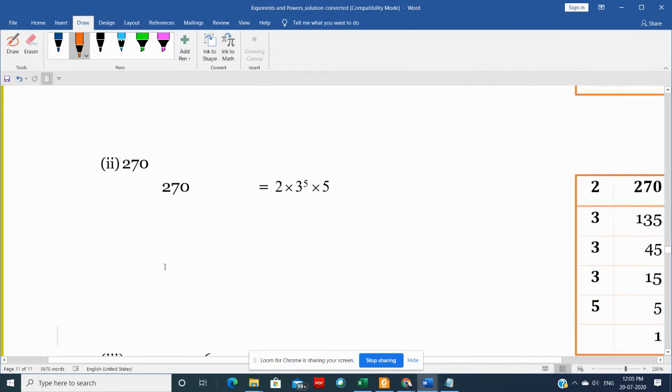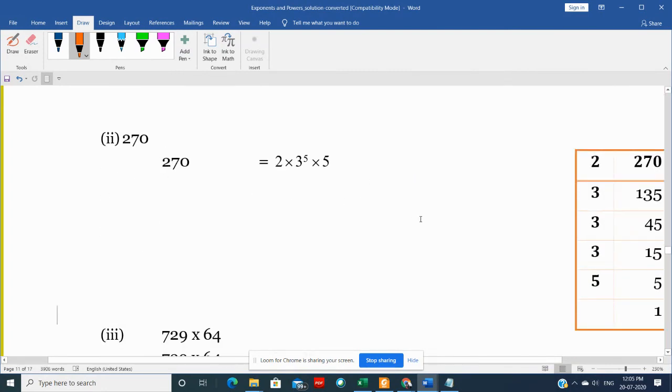This is 270, all right? See, if you prime factorize 270, your answer would be like this. Let me highlight it for you. 2 one time only. So we will write 2 one time. 3 3 times. Sorry, here you will write 3 3 times. Let me just change it.